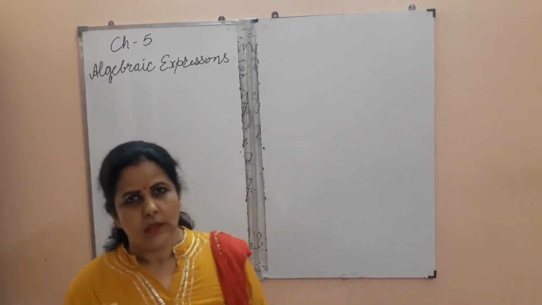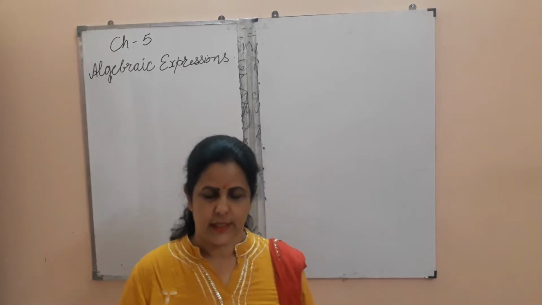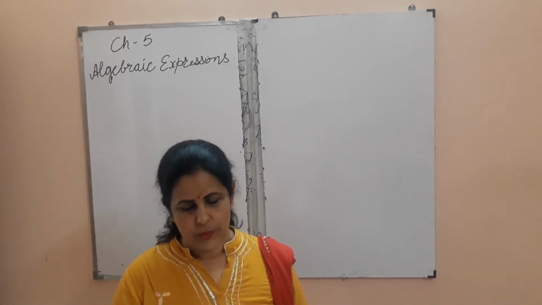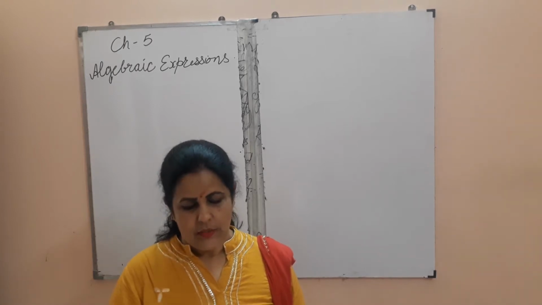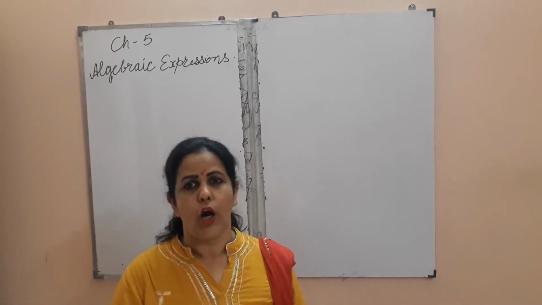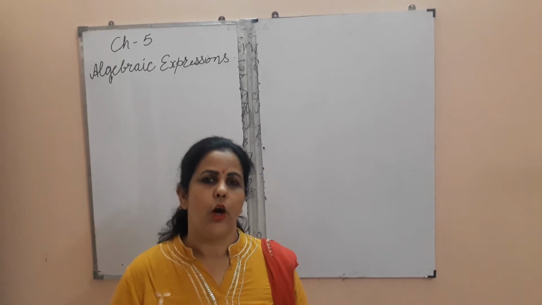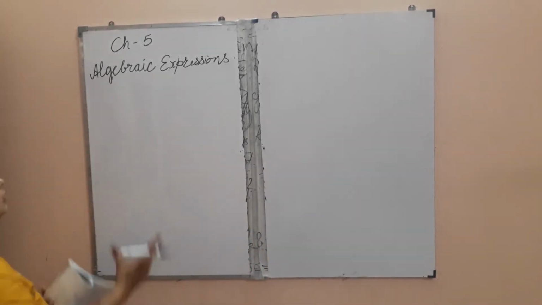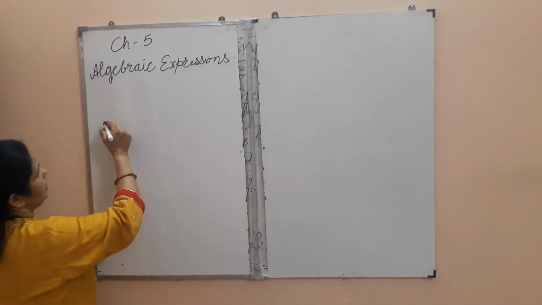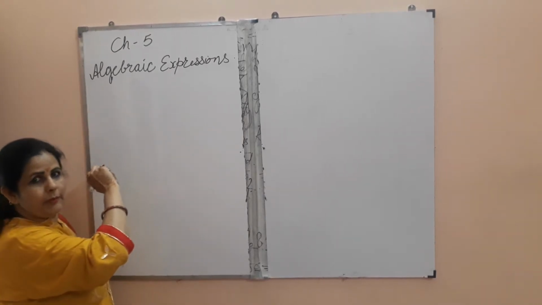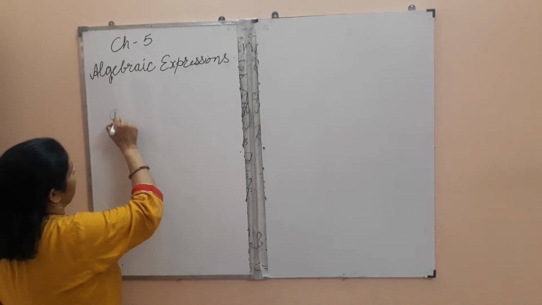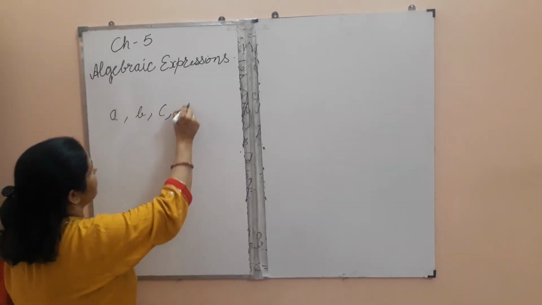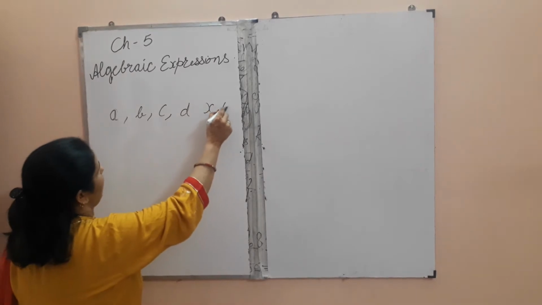According to the definition, an algebraic expression is a combination of variables, numbers and one or more arithmetic operations. Variables you all know, in 6th class also the teachers have told you variables are alphabets. We can express the variables in the form of a, b, c, d, x, y, z.